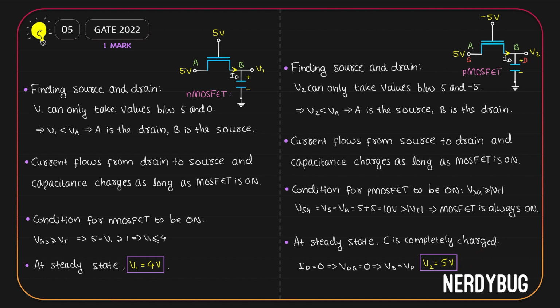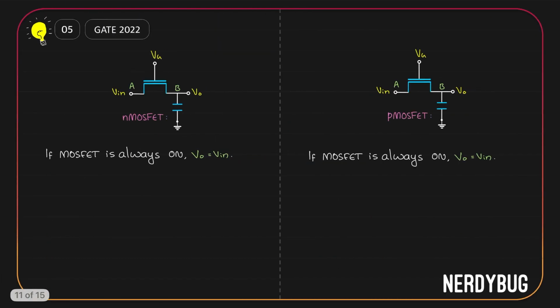In the case of nMOSFET, we said V1 can only take values between 5 and 0. V1 could have taken 5 volt, but it couldn't. Why? Because after 4 volt the MOSFET switches off. So it could only take up to 4 volt. So you can see it this way. If the MOSFET is always on, in both cases output will be equal to input.